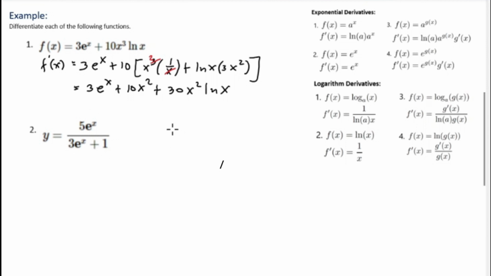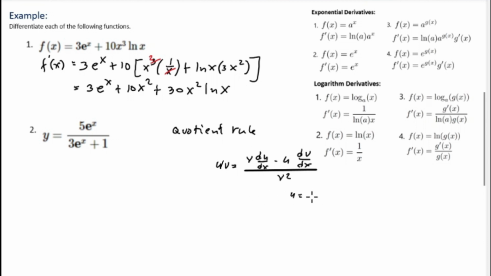Using the quotient rule, and the formula for the quotient rule, we have (u/v)' = (v times du/dx minus u times dv/dx) divided by v squared. And what is u?